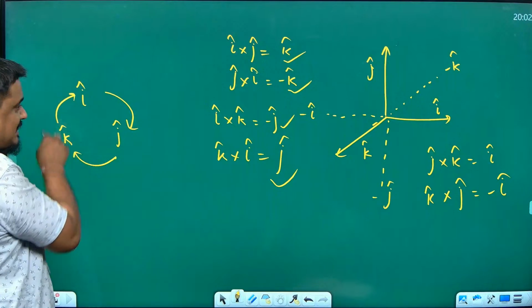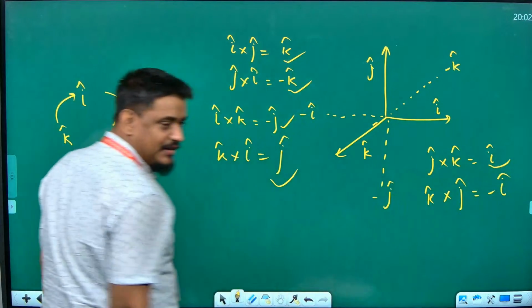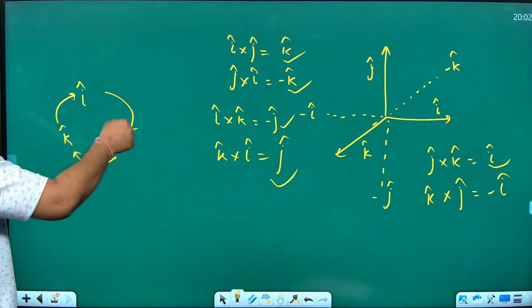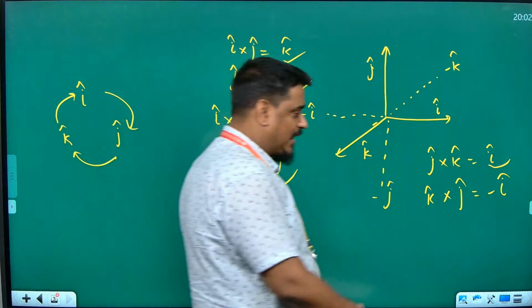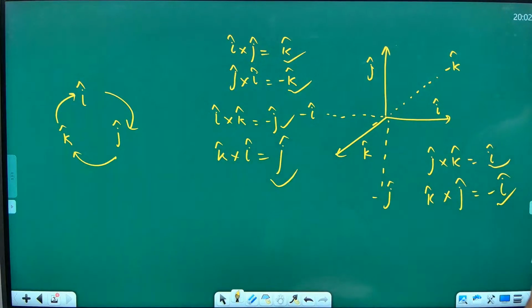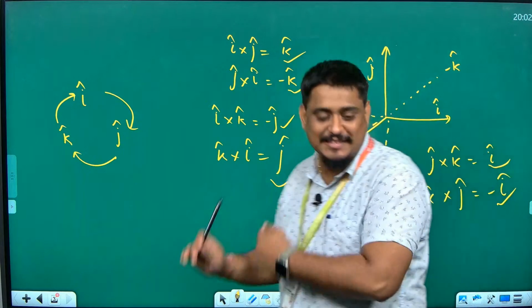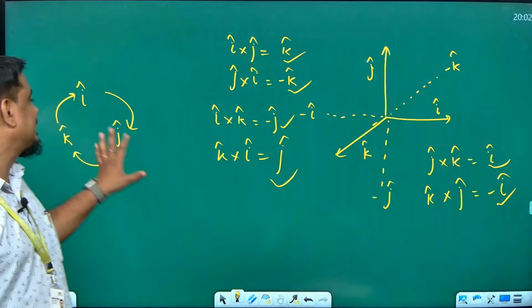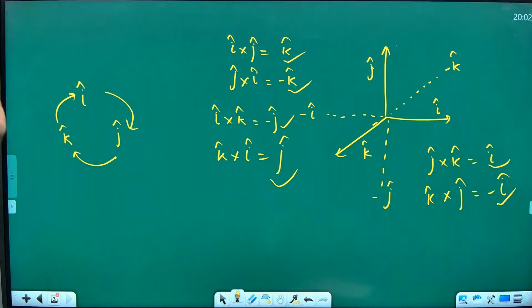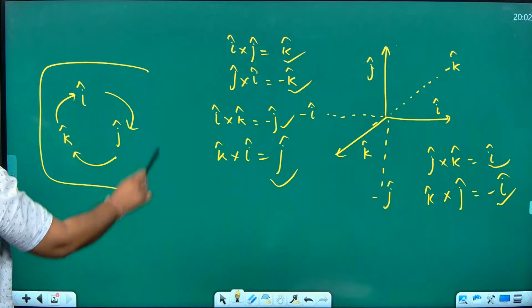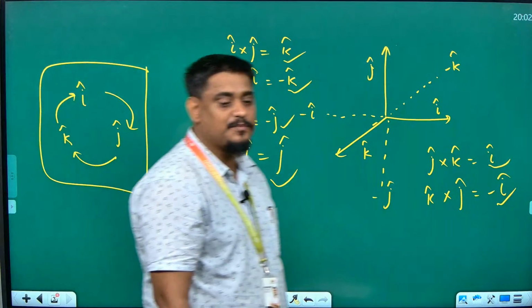J cross K is I. Verified. K cross J is minus I. I hope you have verified. Understood? Very easy, no? Why did I teach this? Because this is the concept, and this is the thumb rule to remember, to make it easy. You can remember this for the exam, but the concept is this only.